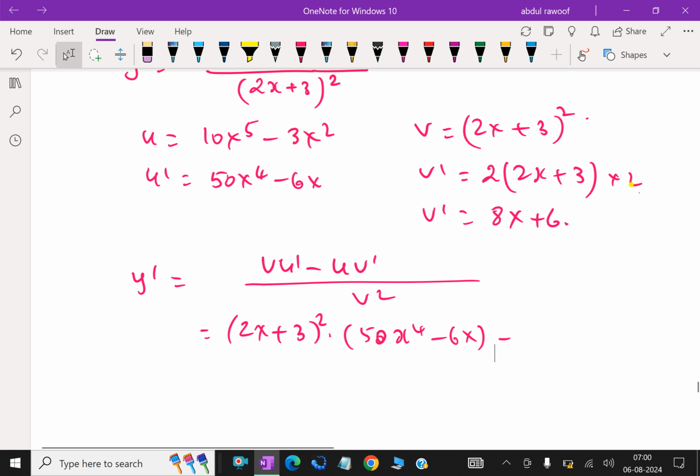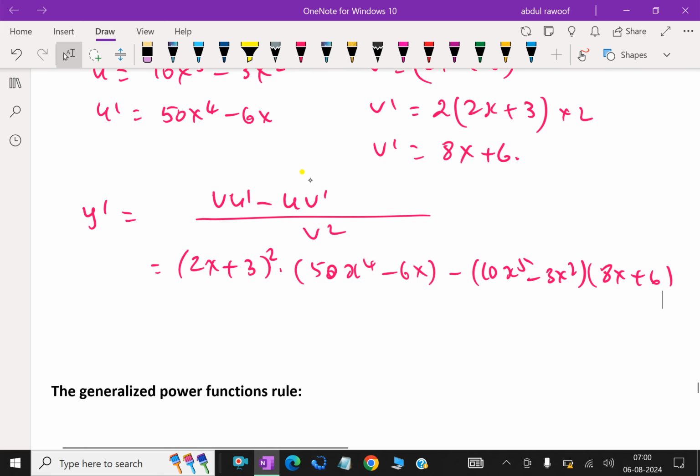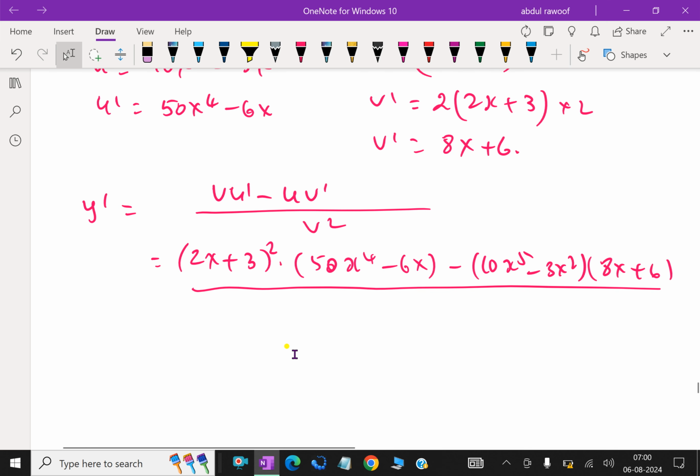Minus u is 10x power 5 minus 3x square, and v dash is 8x plus 6, 8x plus 6, then it is all divided by v square.